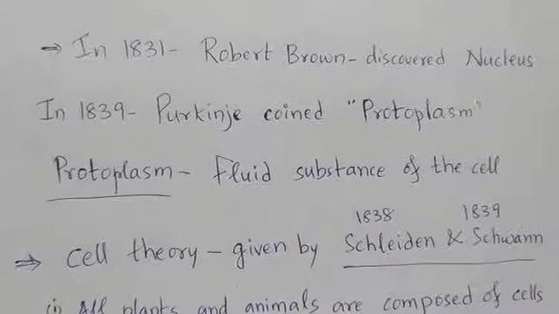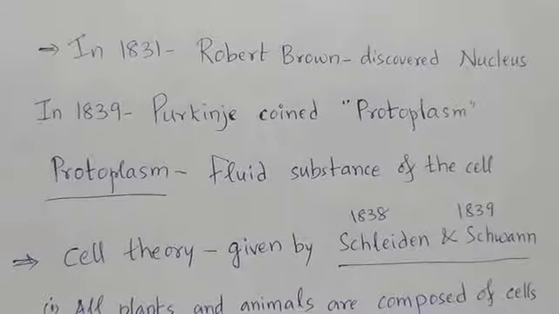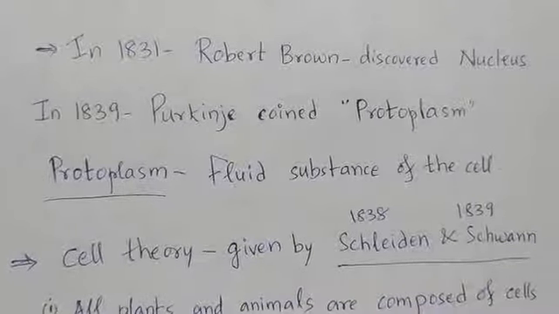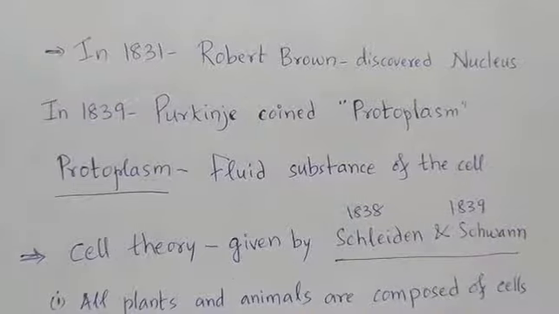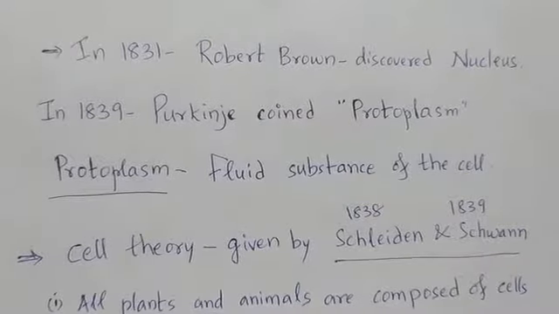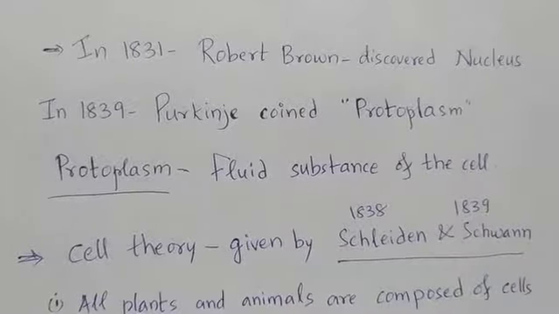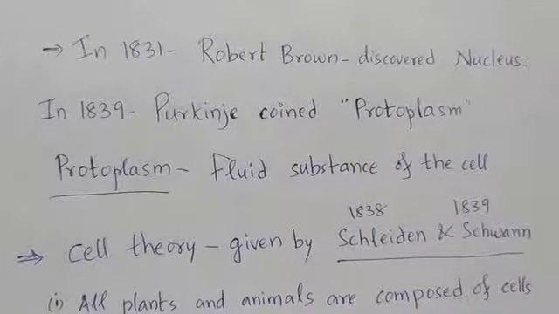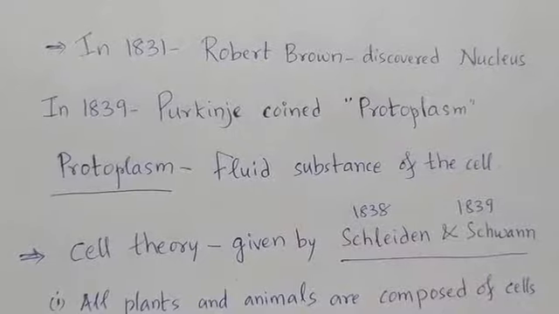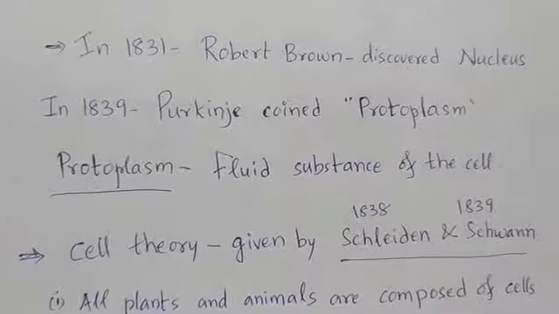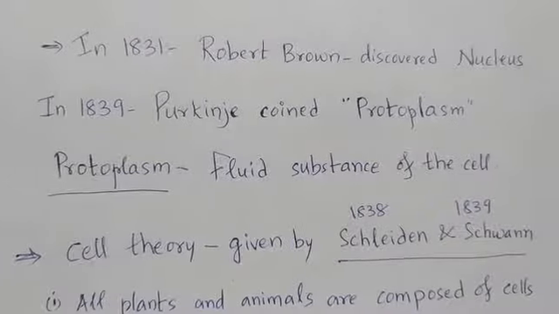In the year 1831, Robert Brown discovered the nucleus. And the nucleus is the central part of the living cell, not only in terms of position, but in terms of function also, because the nucleus controls and coordinates all activities of the cell. So only it is called the central part of the cell.